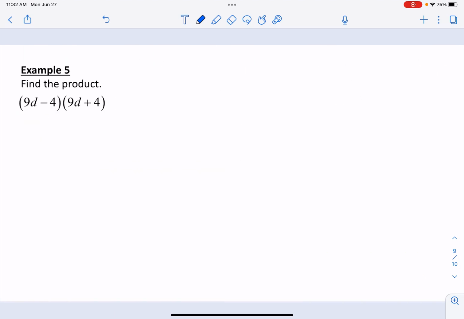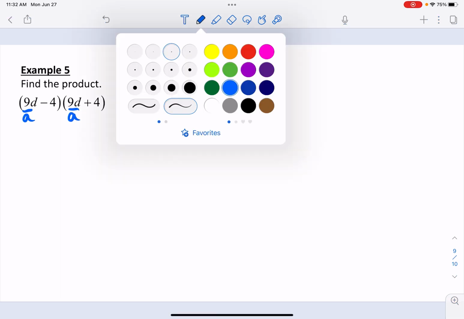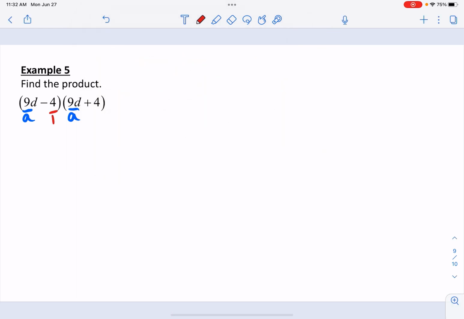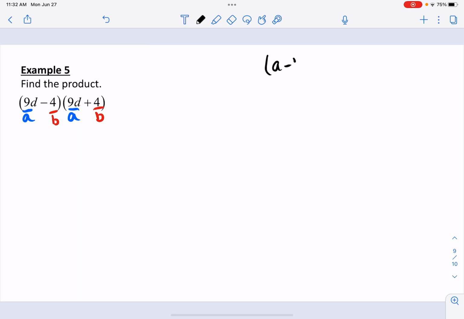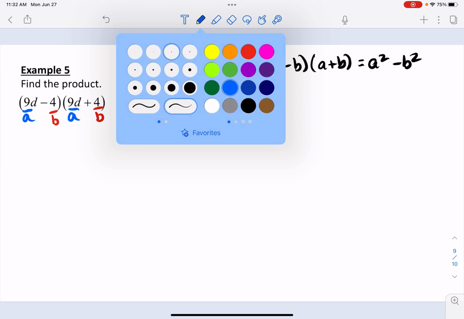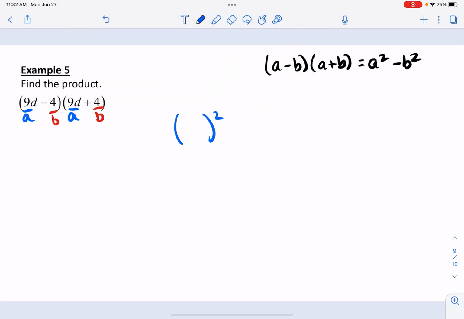So for this, I have the same thing here. That's my A. Same thing there, that's my B. So this is a really, really easy multiplication. Because remember, when we have A minus B times A plus B, I have A squared minus B squared. So this is going to be A squared minus B squared.